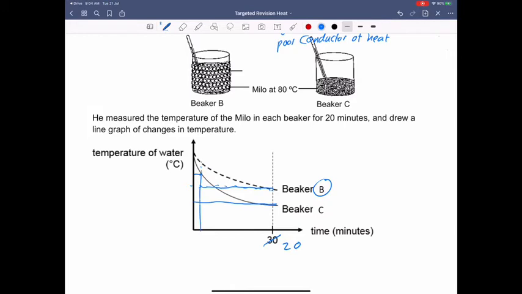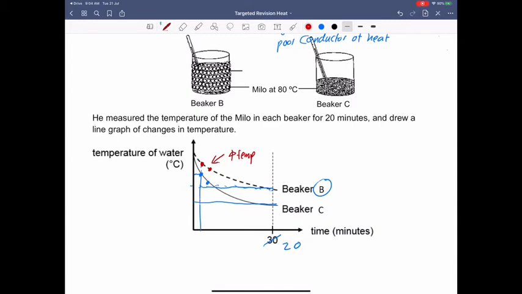So when C was here, B is here. At every time unit, B has a higher temperature as compared to C. This tells me that heat was lost at a slower rate.